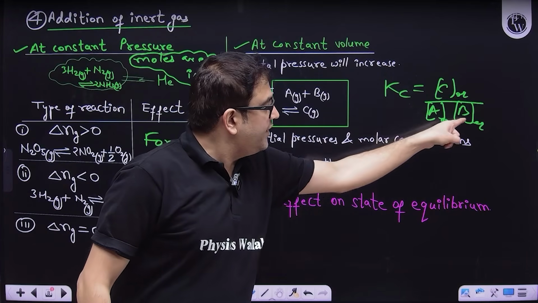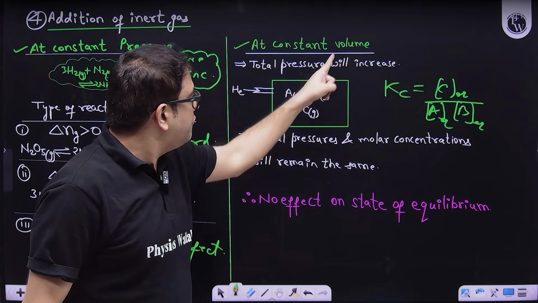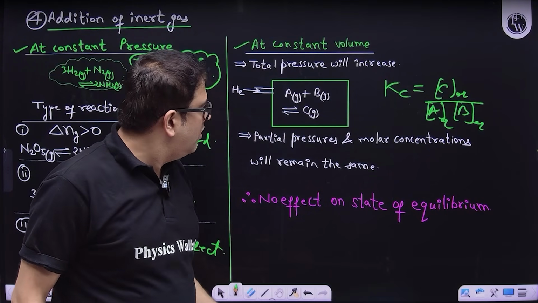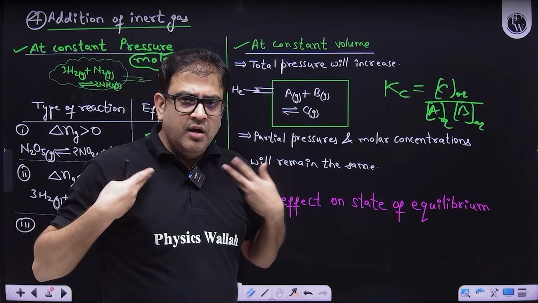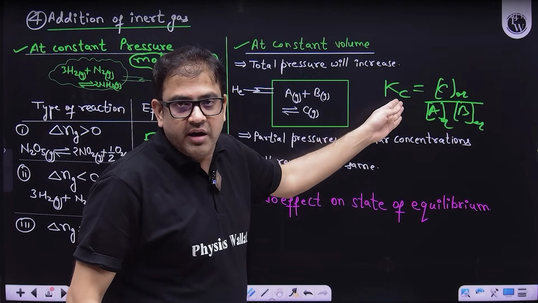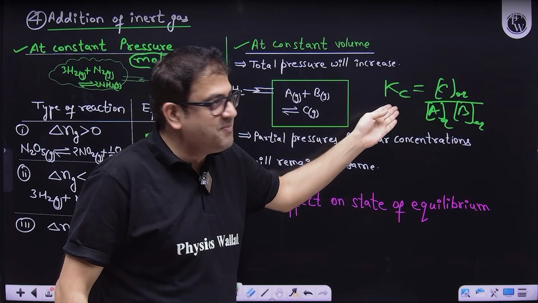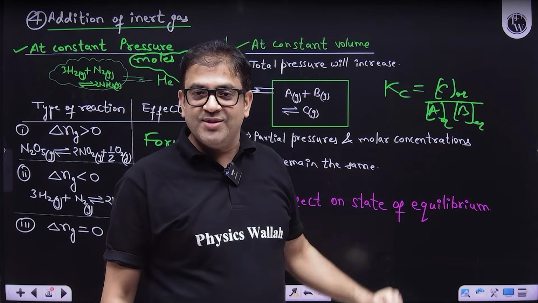Are the moles of A, B, C changing? No, because the gas is not reacting. Is the volume changing? No. So if you are adding the gas, K is indifferent. K is not dependent on that. The RHS is not changing.